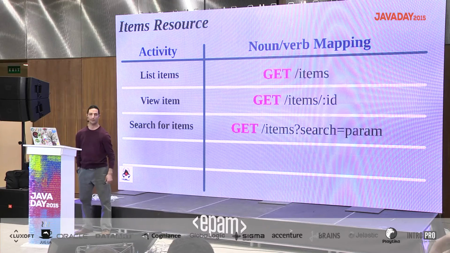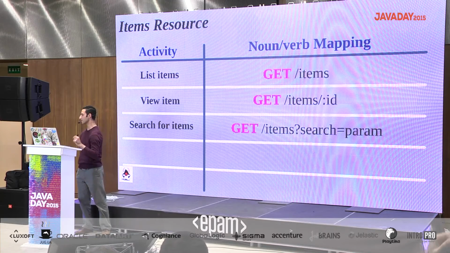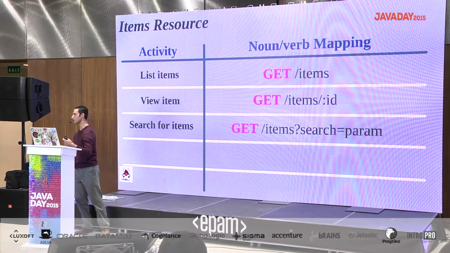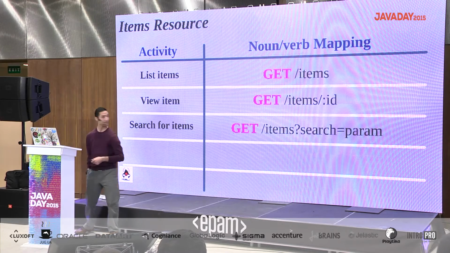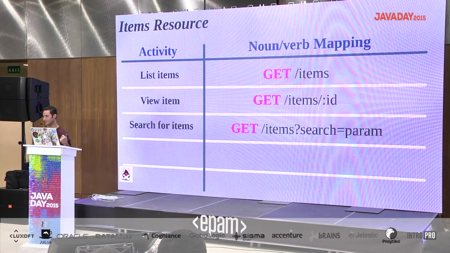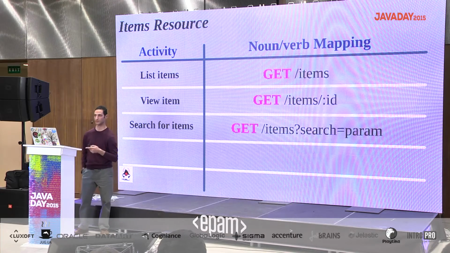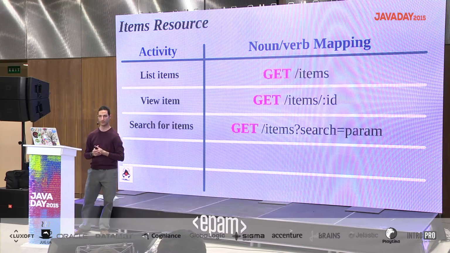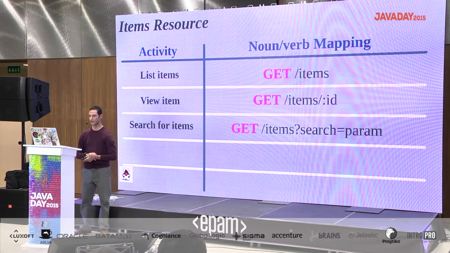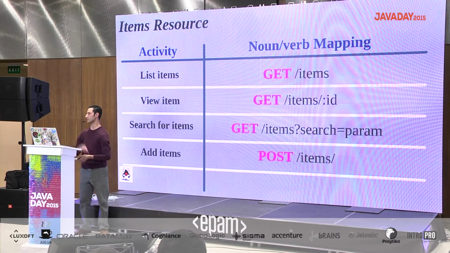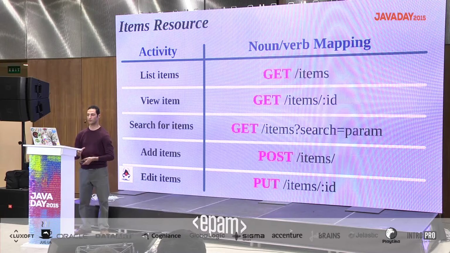Search for item: we are going to treat GET in a specific way using parameters, a parameterized search for GET. This way you can search your list of items. If you add an item, use POST to add items. To edit an item, use PUT.